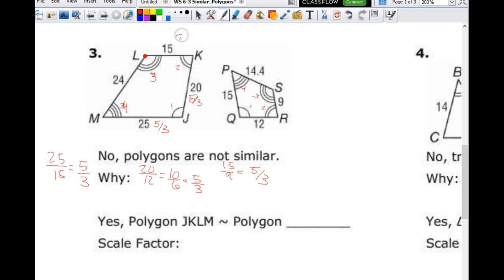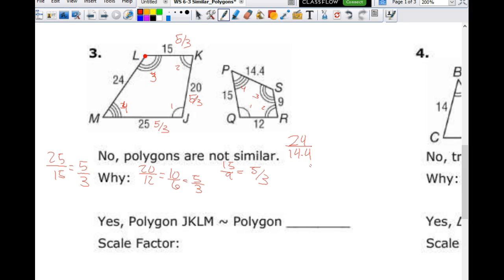Oh, wouldn't it be a shame if our last one didn't work out? And we did all that work and it was the last one. Man, I hope that doesn't happen. All right. We have 24 divided by 14.4. Uh-oh.